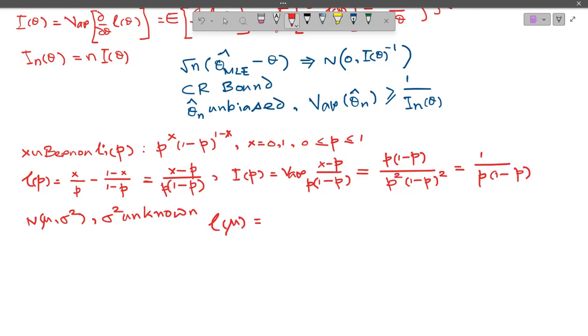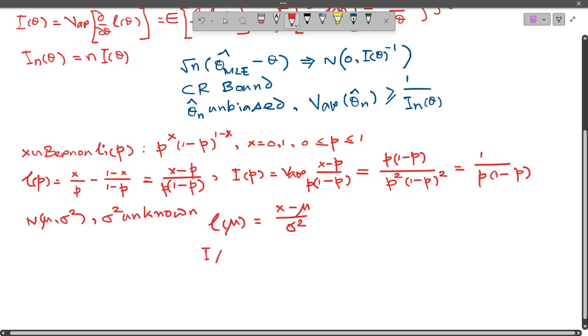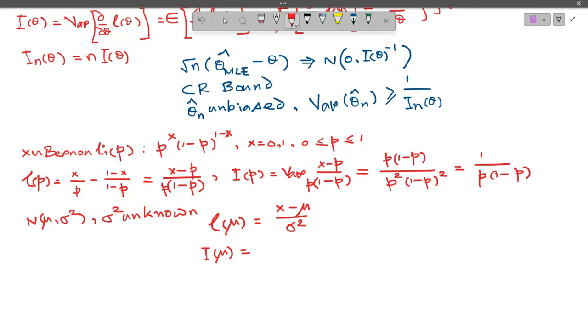So this turns out to be x minus mu by sigma square, and I mu, which is the variance of x minus mu by sigma square, is the variance of x by sigma to the power 4.